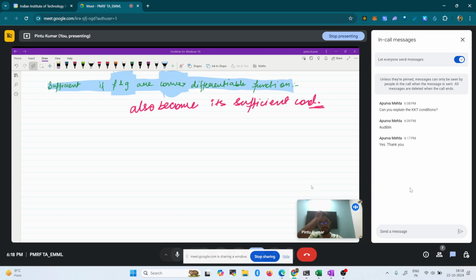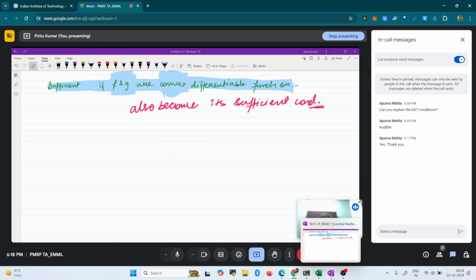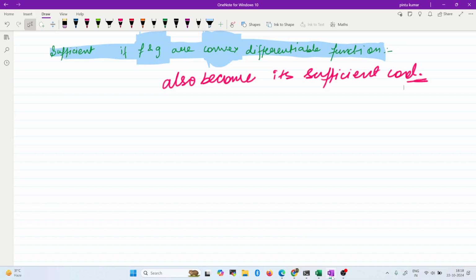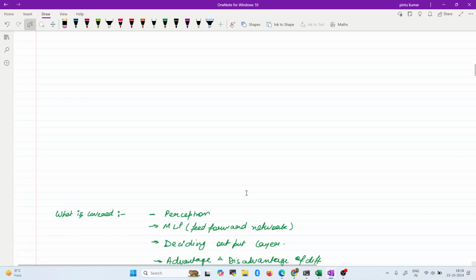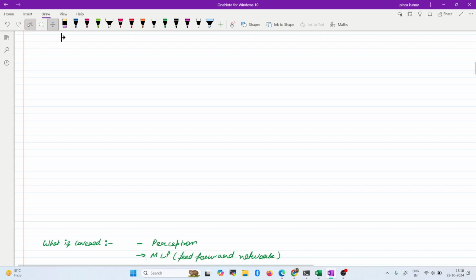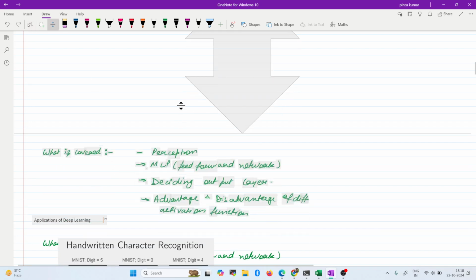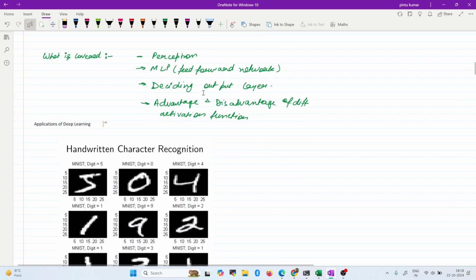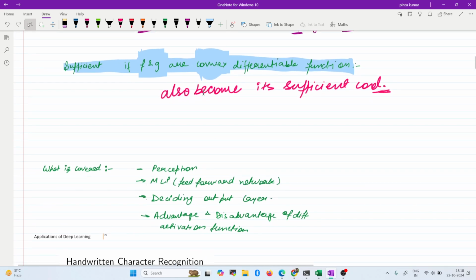As nobody is asking anything, if you have a doubt, you have started typing, please type it and ask. But in the meanwhile, I think I can start. If you have a doubt, you can stop me in between, and I'll be happy to clear your doubts, because that's what this session is meant for. But because other people have also joined, we don't want to just sit idle. So let's see if we can do something.